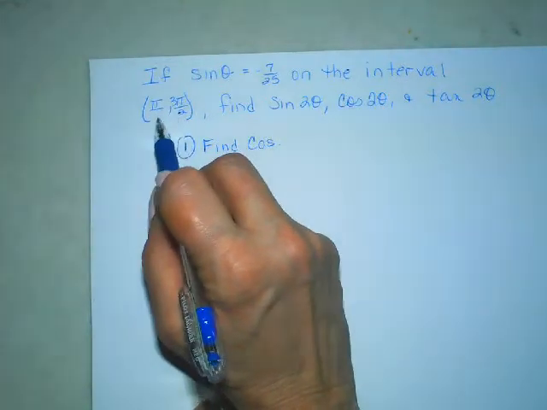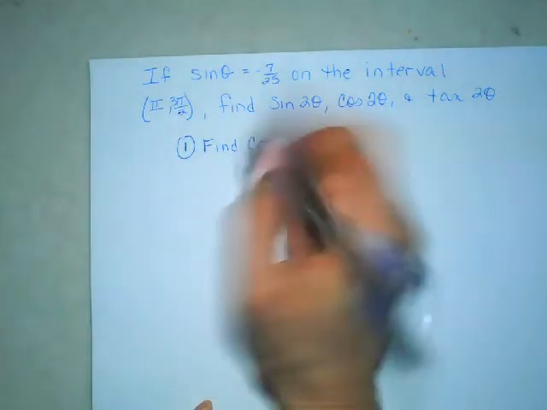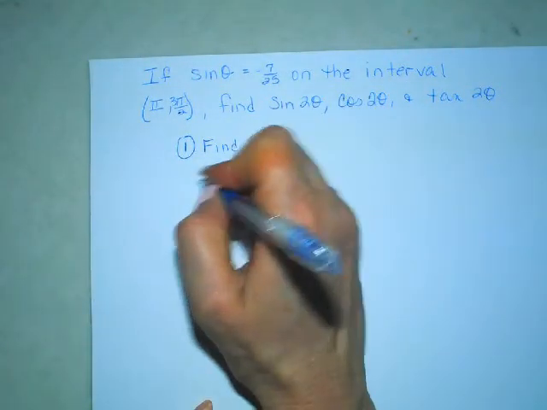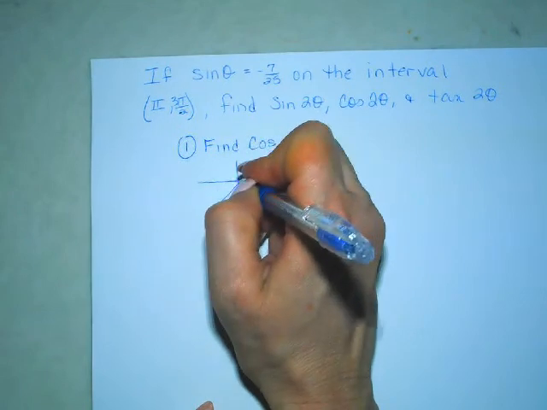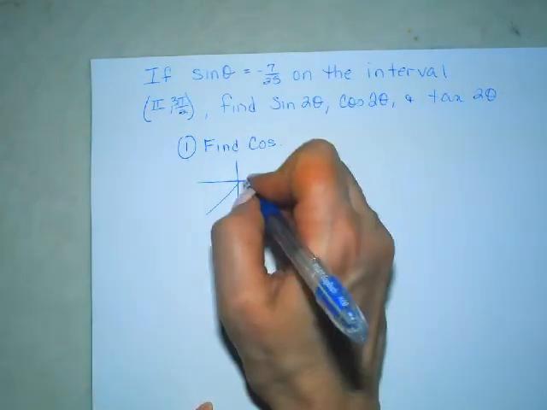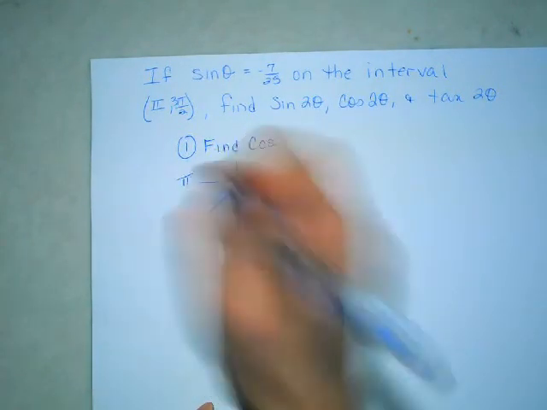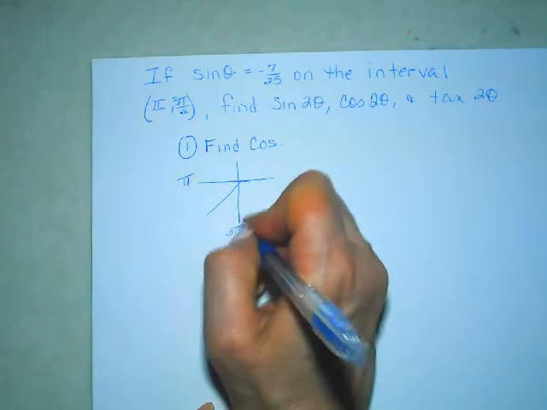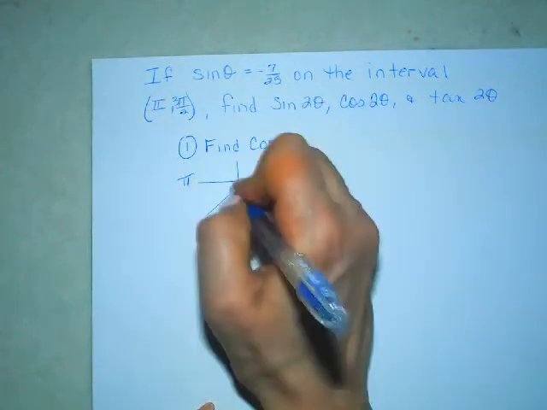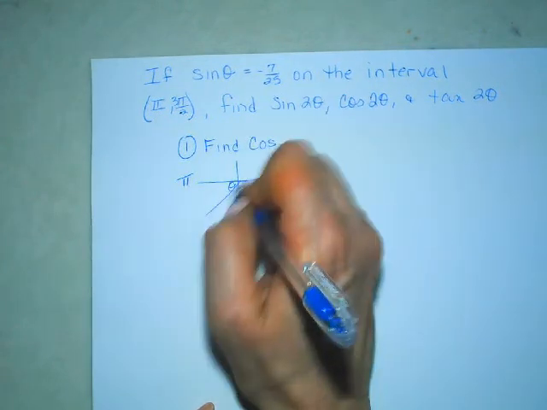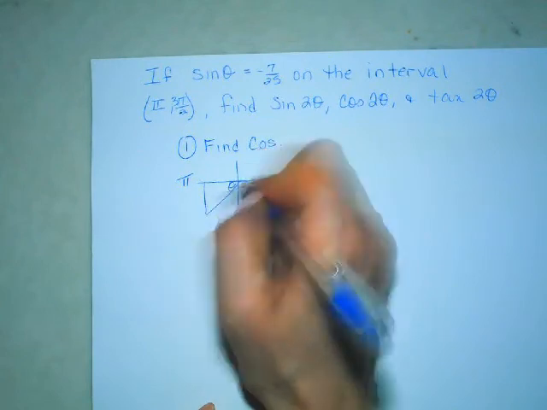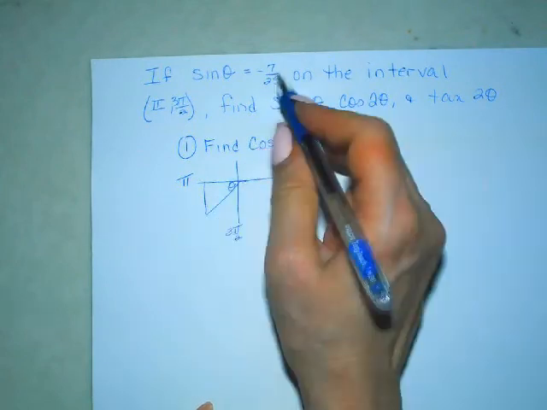Well, first of all, it tells me where it lives. It tells me it lives between pi and 3 pi over 2, which means that I'm here in this quadrant, in quadrant 3, because here's pi, and here's 3 pi over 2. And we know the angle is formed between the terminal side and the x-axis.